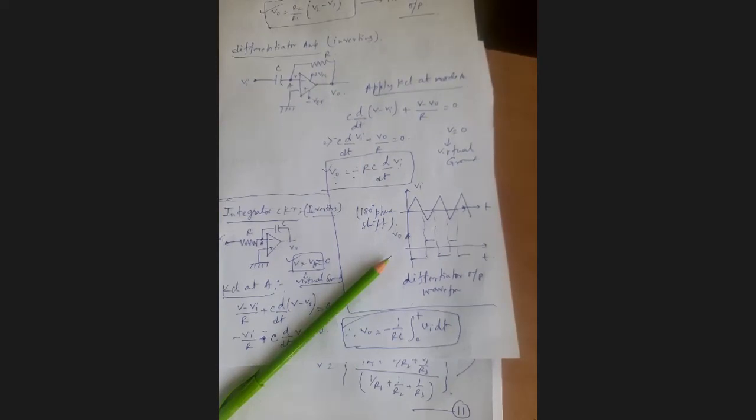At terminal 3, output and input are in phase, with zero phase shift, if we apply the input at pin number 3. In that case, the output voltage is minus 1 by RC integral 0 to T of V input dt.